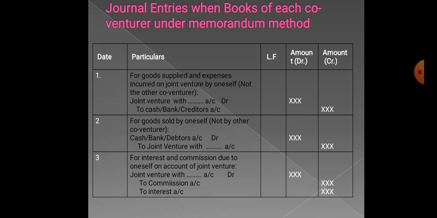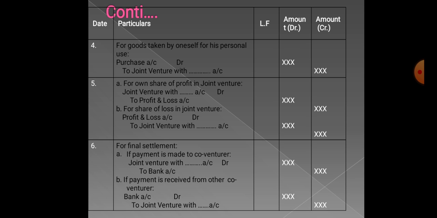Now coming to the next entry, that is for goods taken by himself for his personal use. He is taking it from joint venture, so it has to be considered as purchase by him. Then the entry would be purchases account debtor to joint venture with so and so account.